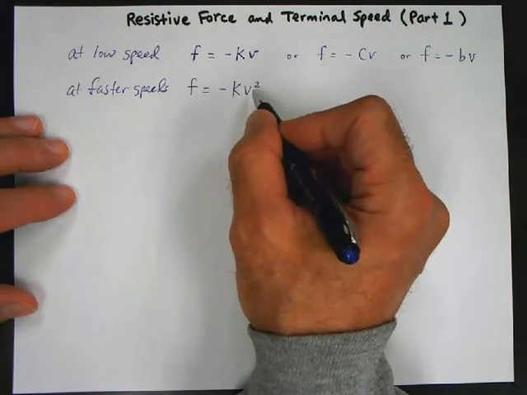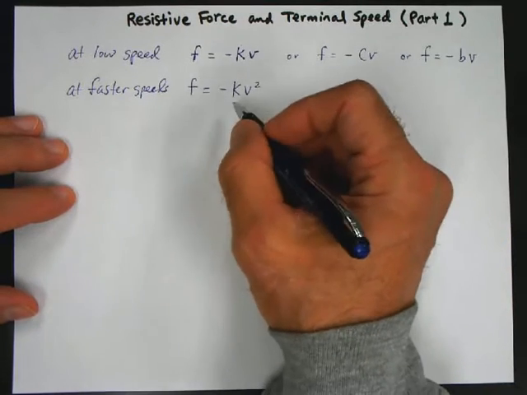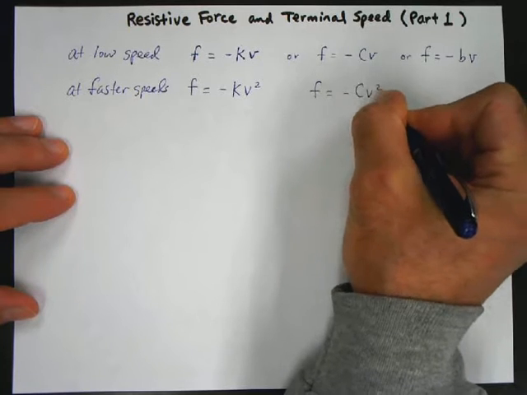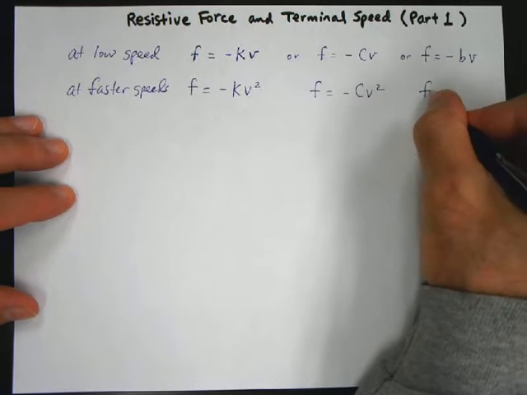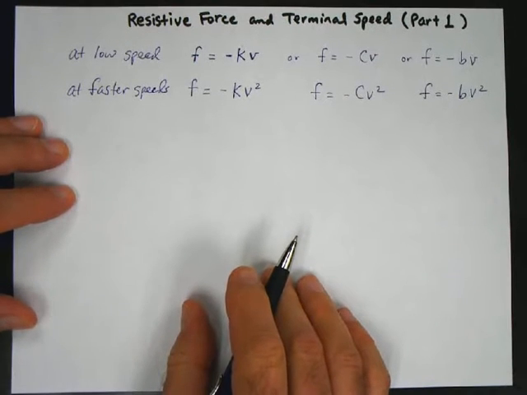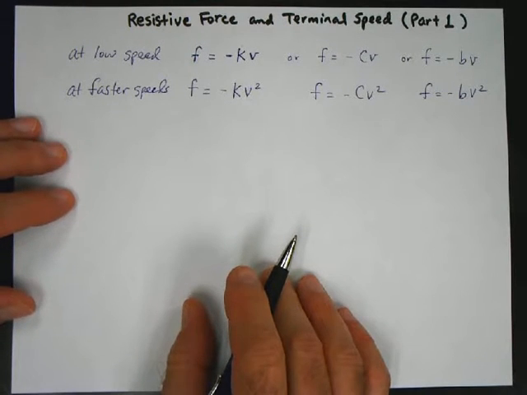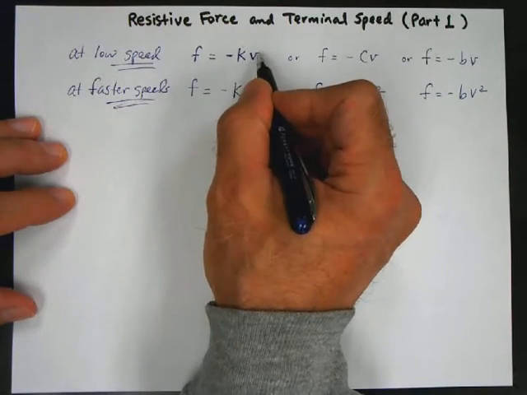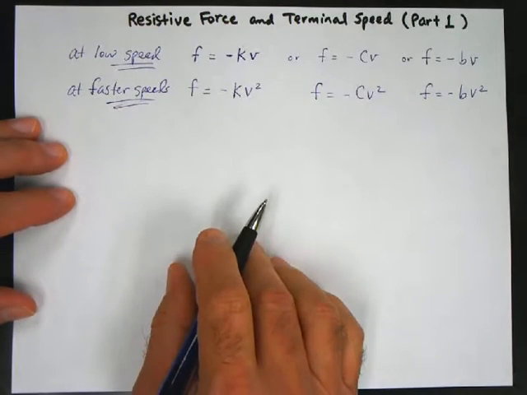So for faster speeds, we have a squared effect. So it could be F equals negative kv squared, or F equals negative cv squared, or F equals negative bv squared. At faster speeds we have a squared relationship. At lower speeds we have a linear relationship.